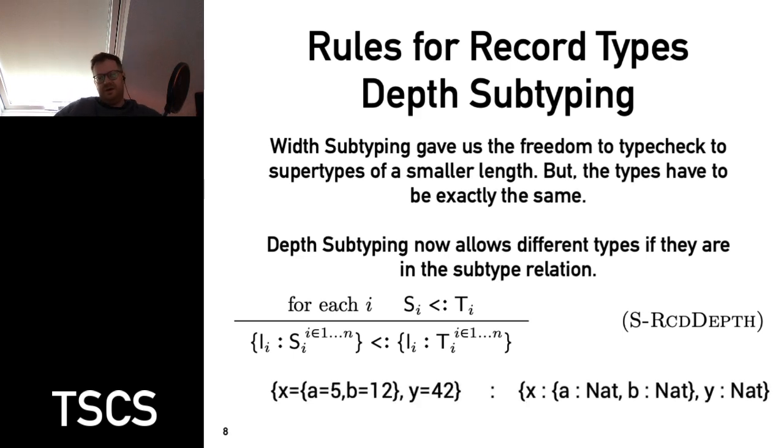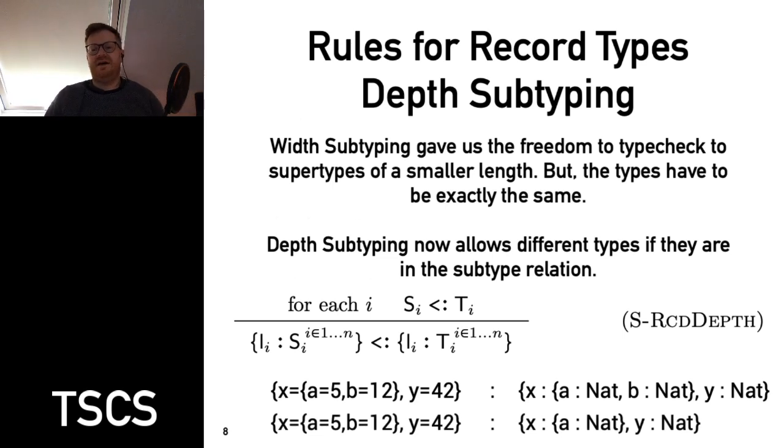For instance, if you have a record consisting of x and y, and x is another record type that consists of a: Nat, b: Nat, then you can use that term down here, this x equals this record of a equals 5, b equals 12, and y equals 42, and you can type this as the exact type of this. However, you can also type this as x is a record of a: Nat and y: Nat, of course. You can also leave out the y whenever you feel like that. That depends on the context you're using it in.